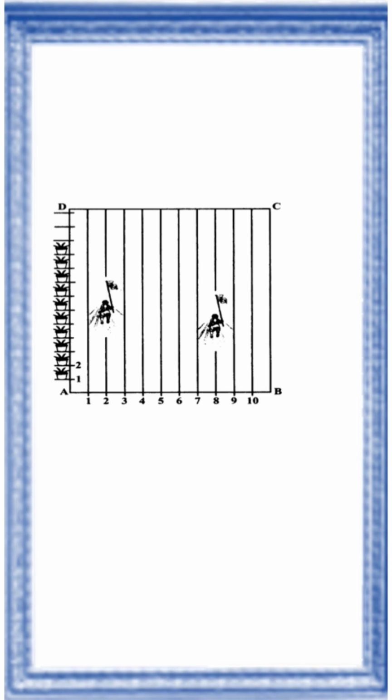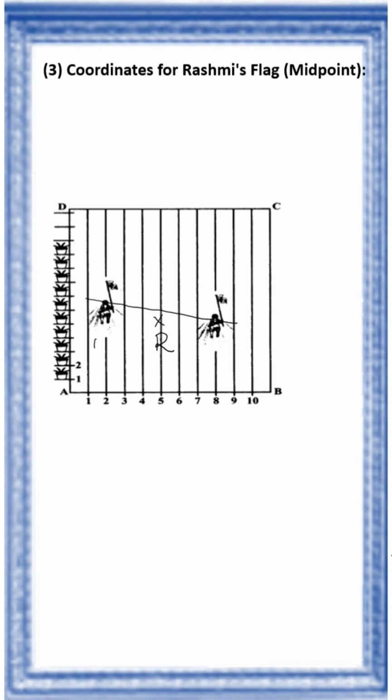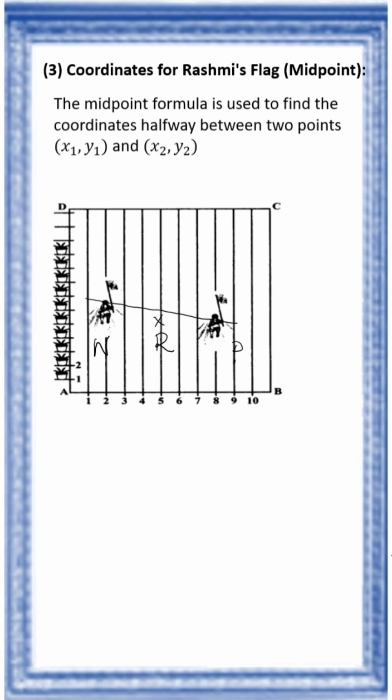Now let us find the coordinates of Rashmi, that is the midpoint. Let this be our midpoint. Coordinates of Rashmi, halfway between Niharika and Preet. Midpoint formula is used for this. Between the 2 points x1, y1 and x2, y2, the midpoint formula is x1 plus x2 by 2, comma, y1 plus y2 by 2.